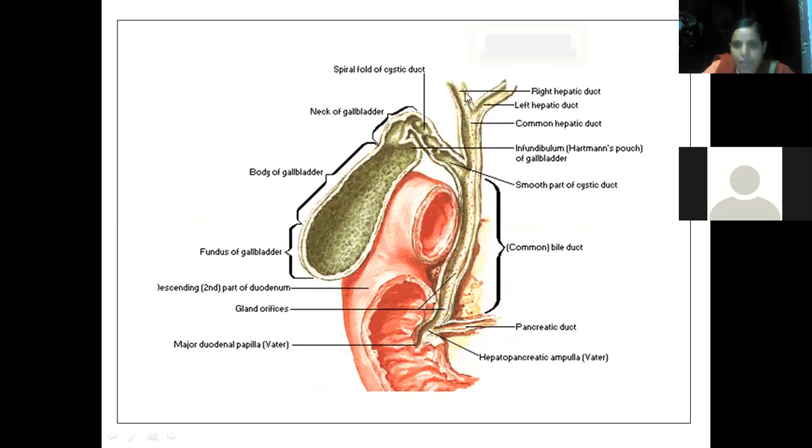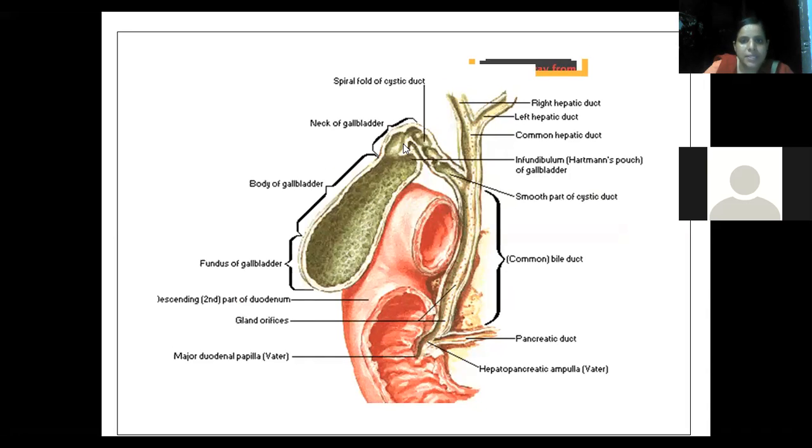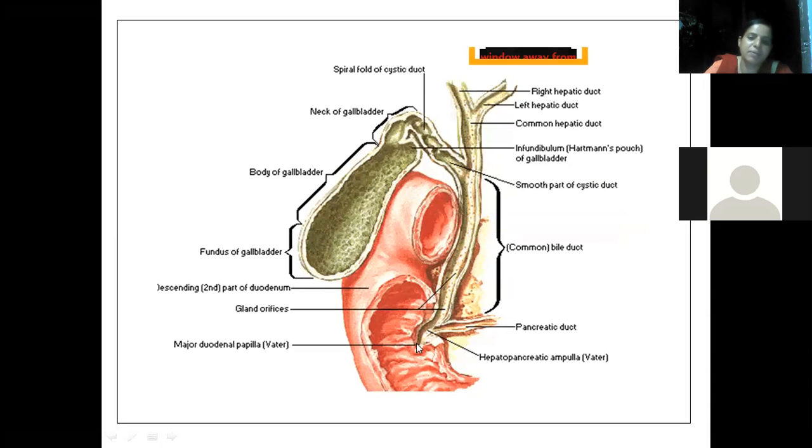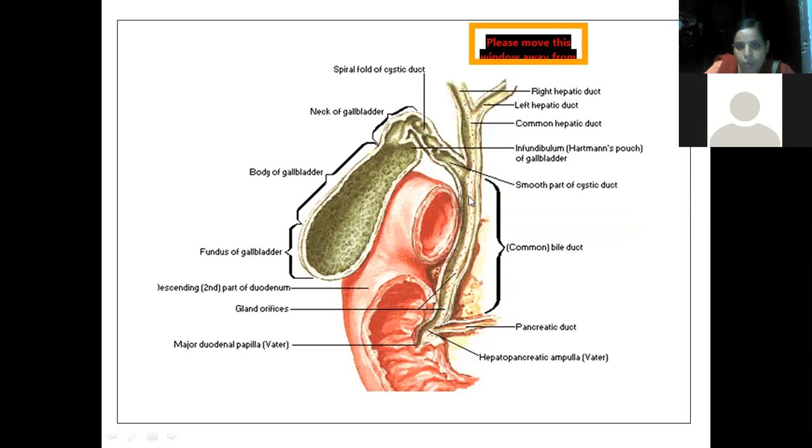Again I'm repeating, the liver is not shown, right and left hepatic duct, common hepatic duct. From here, the bile juice goes via the cystic duct to the gallbladder. From the gallbladder, whenever we eat fatty food, the bile juice enters the cystic duct. It is joining the common hepatic duct. Both together, you call this lengthy tube the common bile duct.